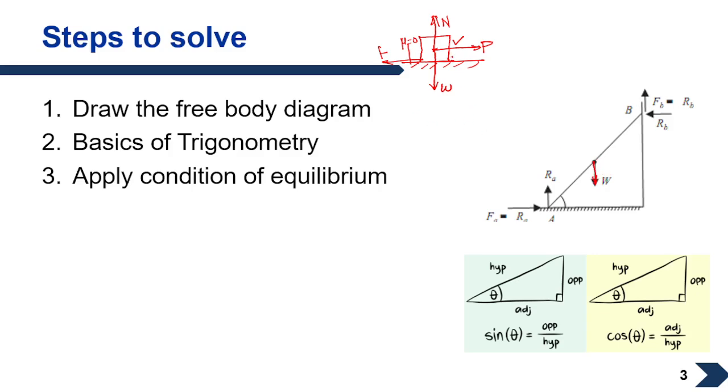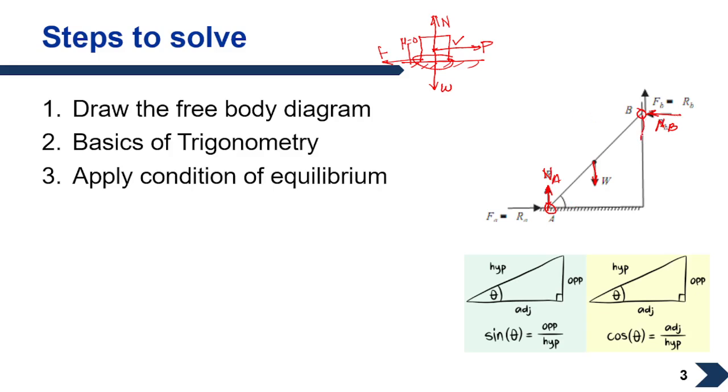In the case of a block sum we have a single support, but in the case of a ladder we have two supports, one at A and one at B, so we have two normal reactions: Na at A and Nb at B. One thing to keep in mind is that the normal force will always act perpendicular to the surface. Here the surface is horizontal and hence the normal force is vertical. Here the surface is vertical and hence the normal force is horizontal.